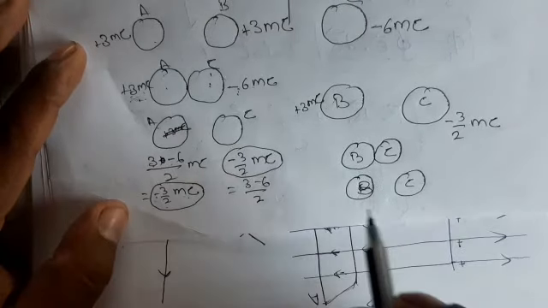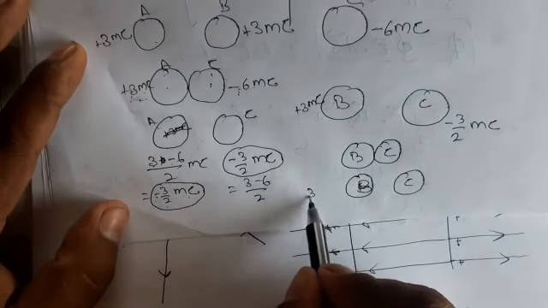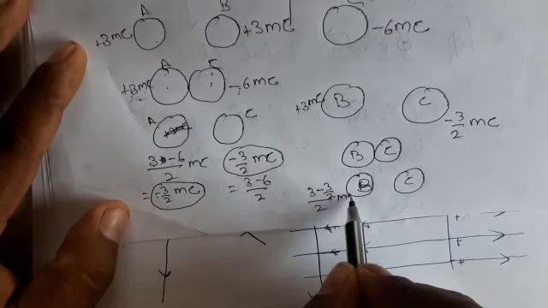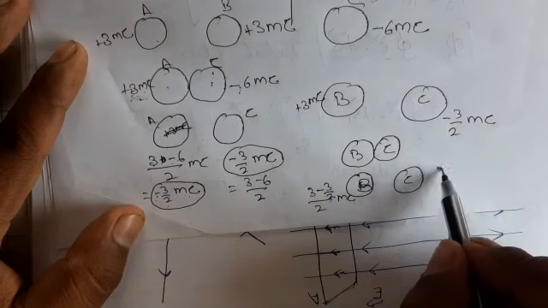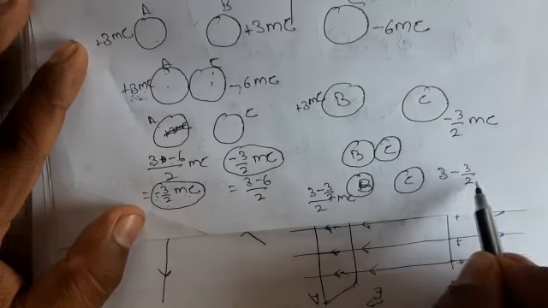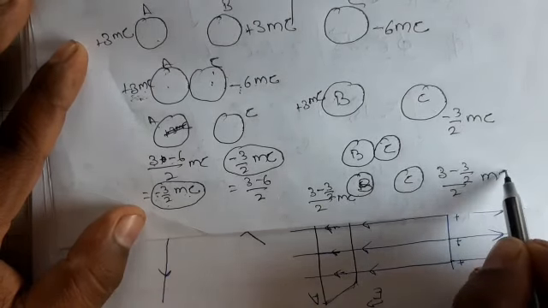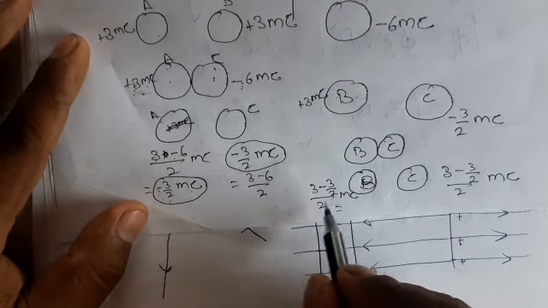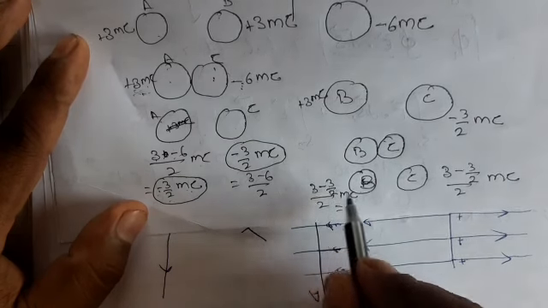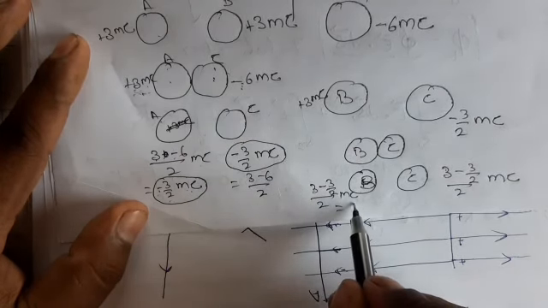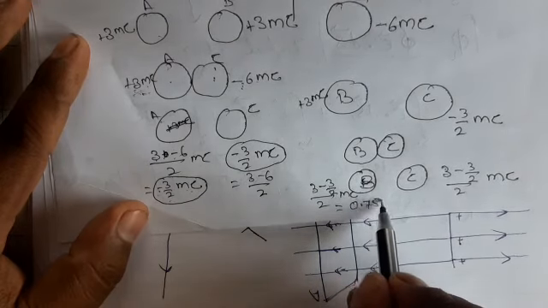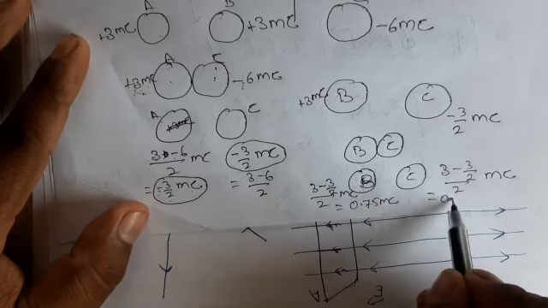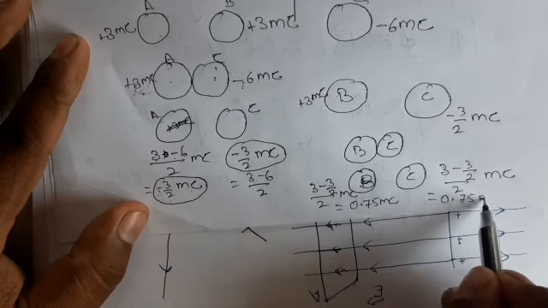B and C will each acquire the same charge: (3 minus 3/2) by 2, where 3/2 means 1.5, so 3 minus 1.5 is 1.5, divided by 2 gives 0.75 millicoulomb.